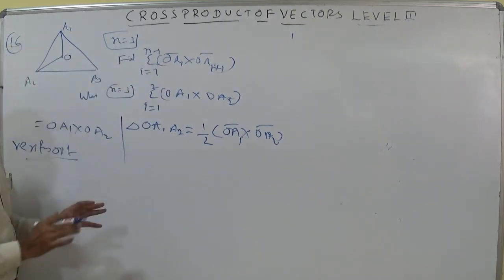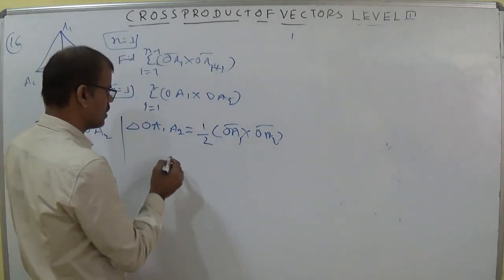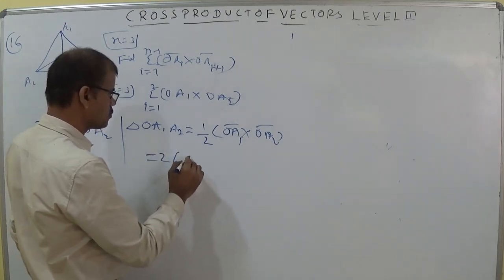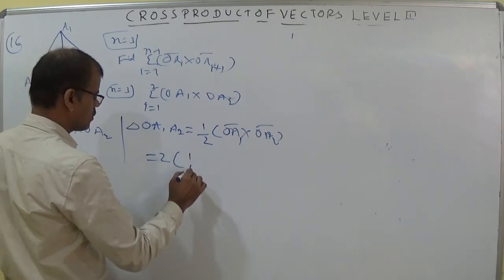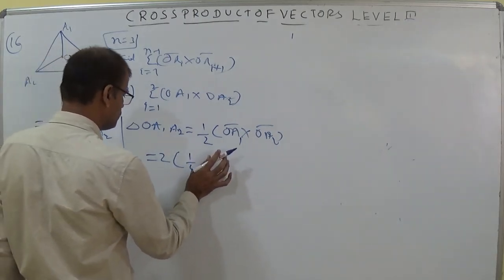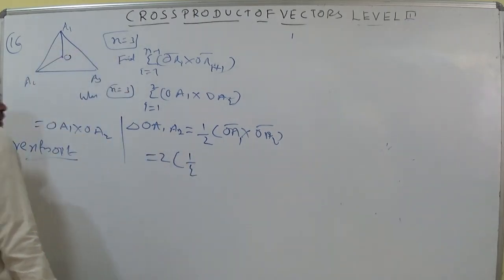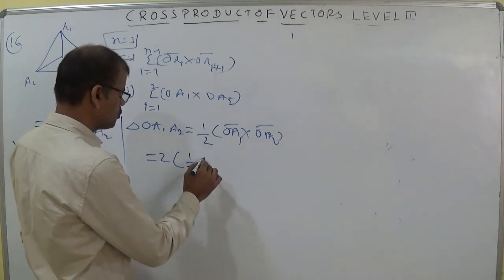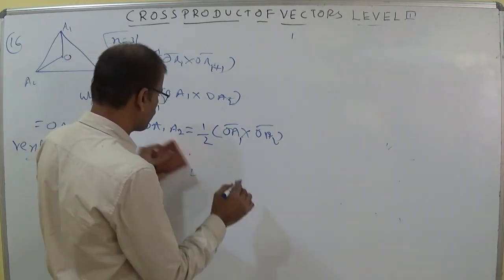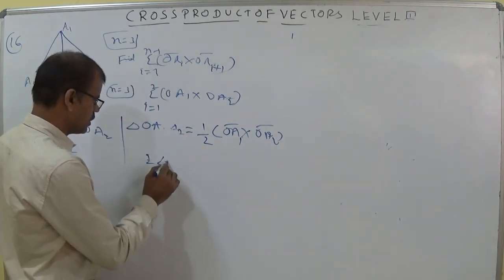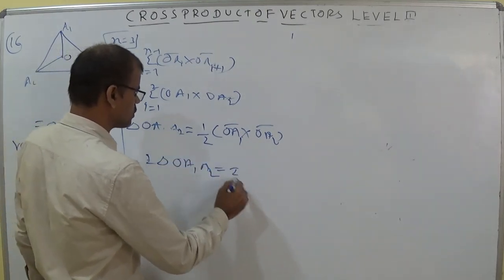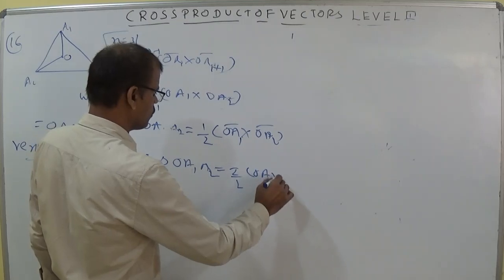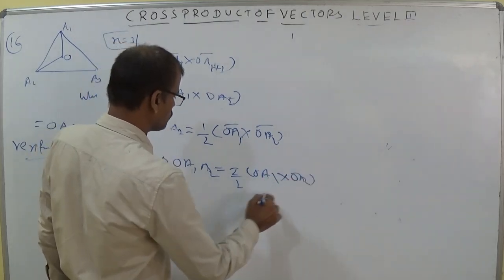It is nothing but he is discussing about delta. So if you multiply this by 2, 2 into 1 by 2 into area. Area formula 1 by 2. Whether you write 2 delta OA1A2, the 2 by 2 gets cancelled and it becomes OA1 cross OA2.